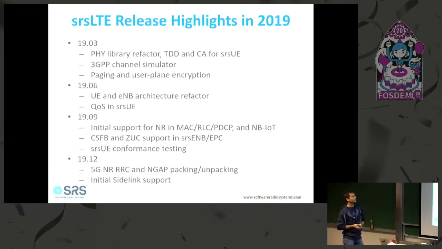So we did it in summer, and in 1909 we started to open source the first 5G NR blocks, which were extensions to the data plane protocol layers that we had. We started to put NB-IoT, which had previously been a closed source implementation, open source.